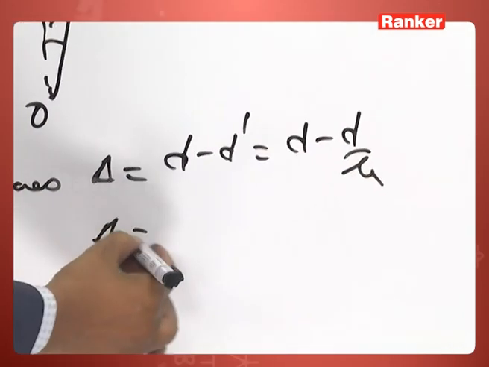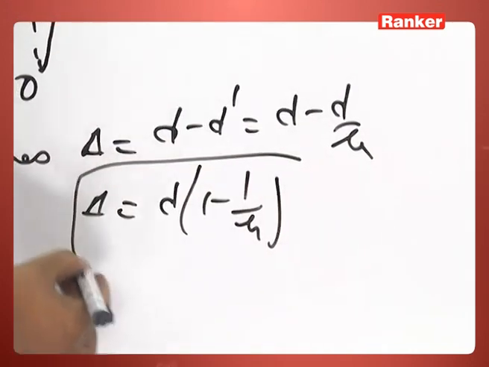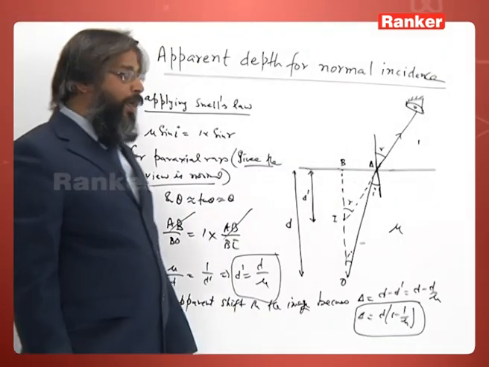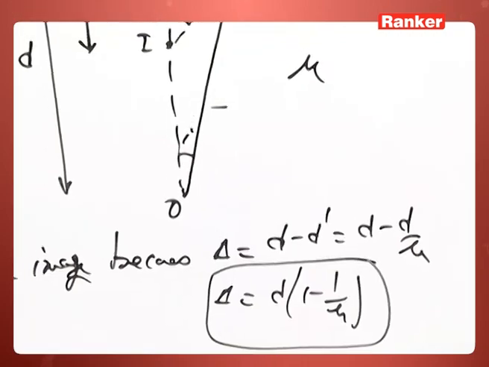So delta is equal to D times (1 minus 1 by mu). This is the apparent shift for normal incidence by this refracting surface.